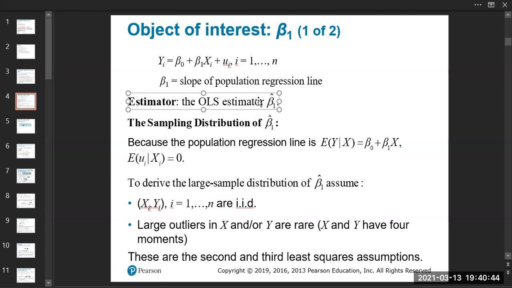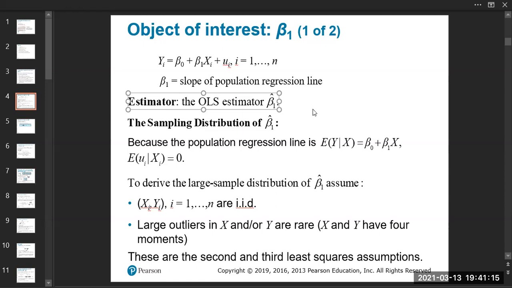So we have beta 1 hat as our estimator, and we know that it has a sampling distribution because these 3 assumptions have to be satisfied. Again, we care about beta 1, but we only have beta 1 hat as the estimator. So we want to know the distribution of the estimator beta 1 hat.